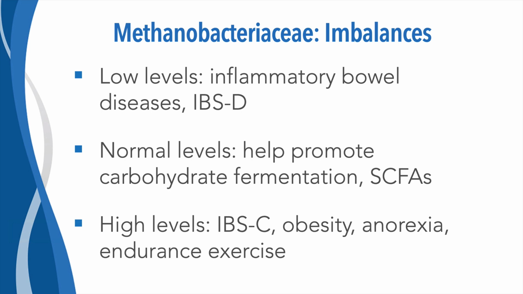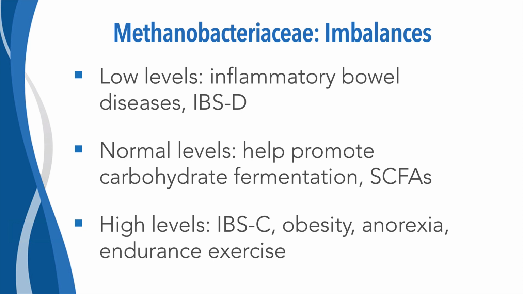As I mentioned, normal levels are generally just thought to help promote carbohydrate fermentation and the production of short-chain fatty acids, whereas high levels, which is probably the imbalance type that's been most studied, has been significantly linked to constipation in general, and in particular, constipation-dominant IBS. High levels have also been linked to obesity, and then somewhat contradictory, also anorexia.